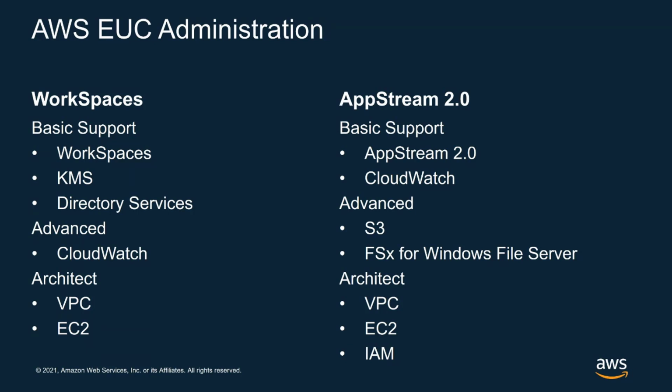If I have an AppStream user that is doing some kind of development work and needs to access a DynamoDB table, why not set up a VPC endpoint and give that AppStream fleet the role for IAM, the service role, to access DynamoDB? We could secure it in multiple ways. And of course, because this is security best practices, I'm telling you that IAM is very strategic for advanced architecture configurations of AppStream. This is not your everyday consideration.